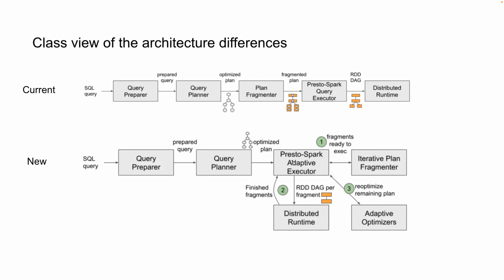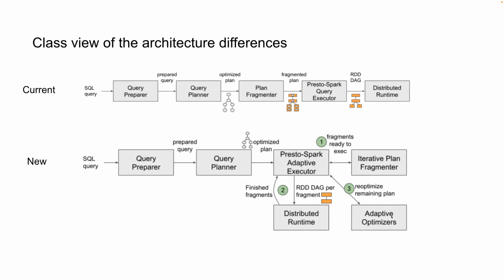So the adaptive executor talks to the iterative plan fragmenter to get only the fragments that are ready and to get the remaining plan, and submits the ones that are ready for execution, and then sends the remaining plan to be re-optimized by some adaptive optimizers. And then that gets sent back to be fragmented again.